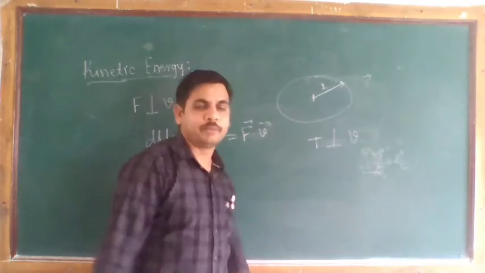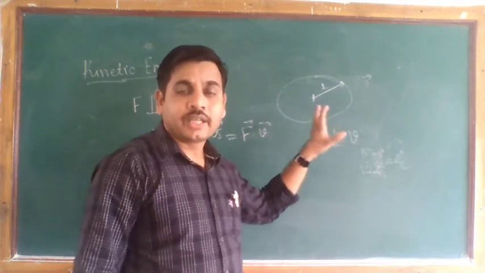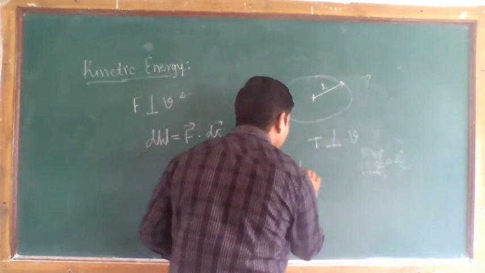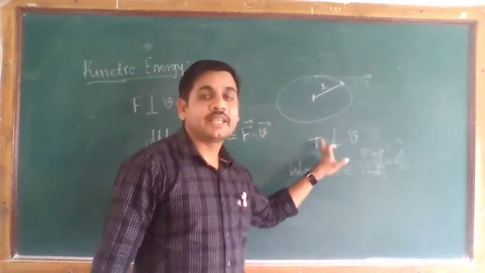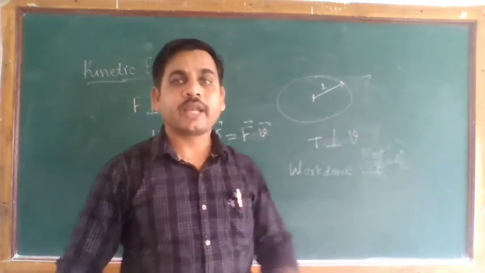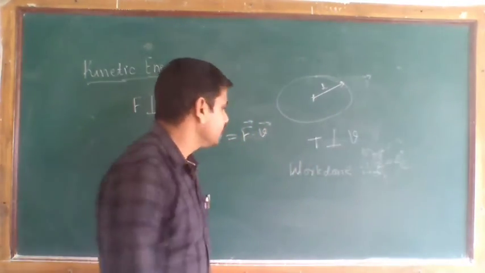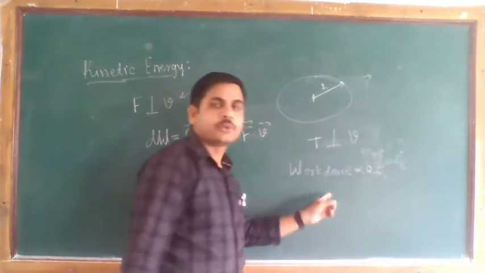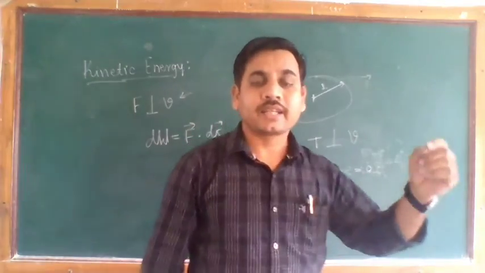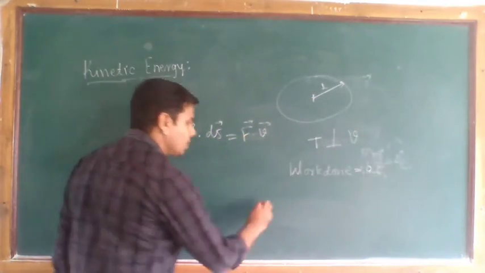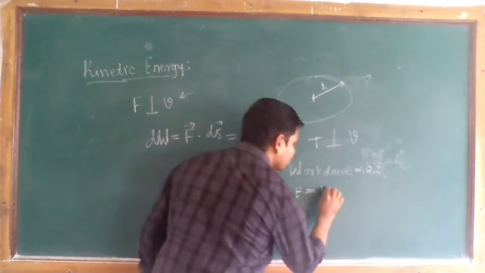So in that condition the kinetic energy does not change. In this example we can see that the tension in that string does work done equal to 0, because this tension is perpendicular to v. Applying this force which is perpendicular to the velocity, hence the work done is 0, and work done 0 means that the kinetic energy remains constant.